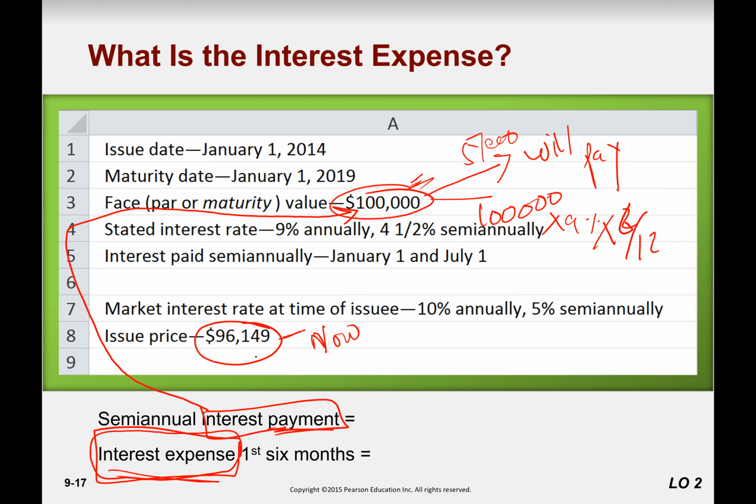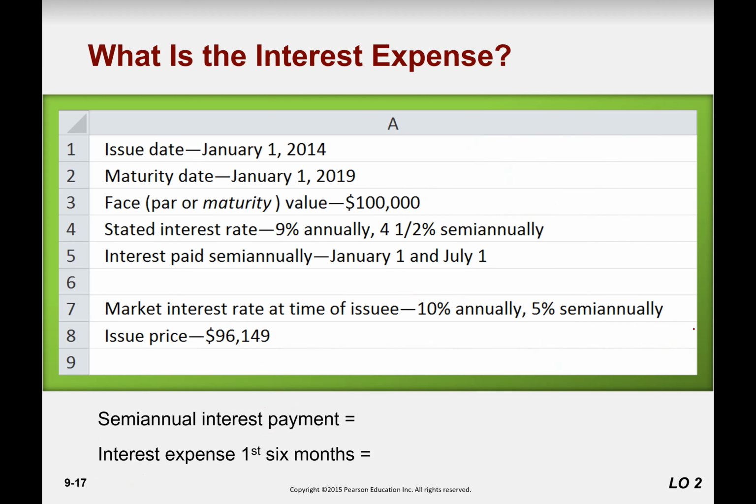Market value is right now 96,149, and market interest rate is 10%, and 10% semi-annually means 6 by 12. Did you see that in a discount, interest payment is different and interest expense is different?